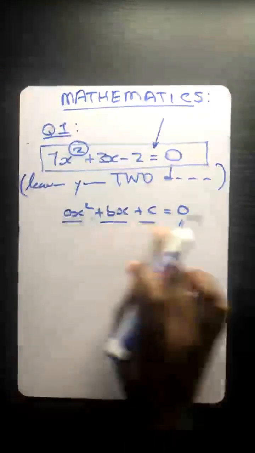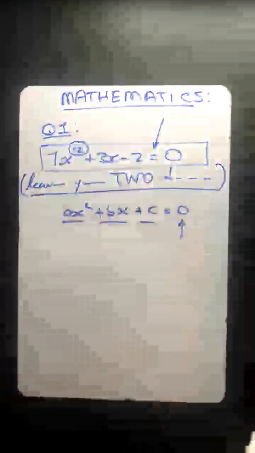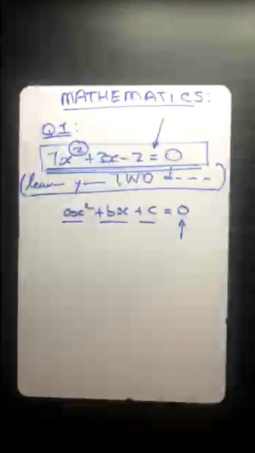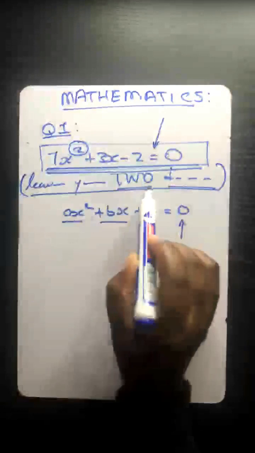Once it's in the standard form, every time the examiner says that, it means you cannot factorize it using your head. It simply means you cannot use those lower methods of factorizing. And again, it means your final answer is going to be in the form of a decimal, which they want you to round to 2.